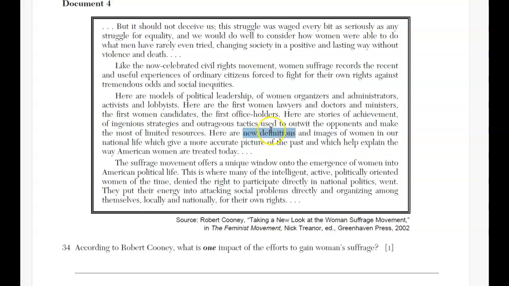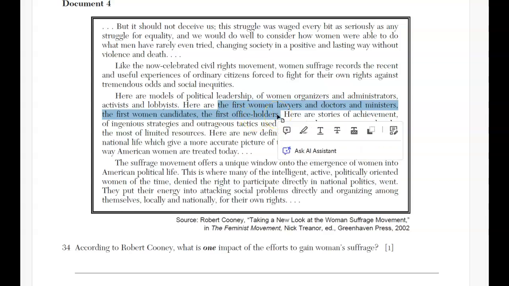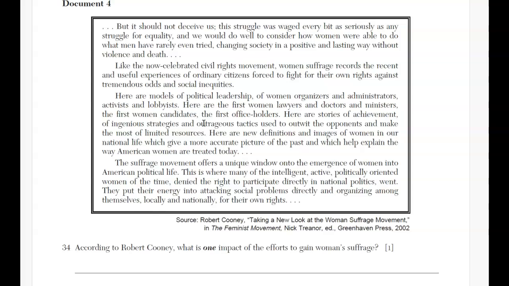They created new definitions and images of women in our national life. They bring the first women lawyers and doctors and ministers, the first office holders who were women. You can't just copy a sentence at the top. So you've got to read and see the implication here. Next document.